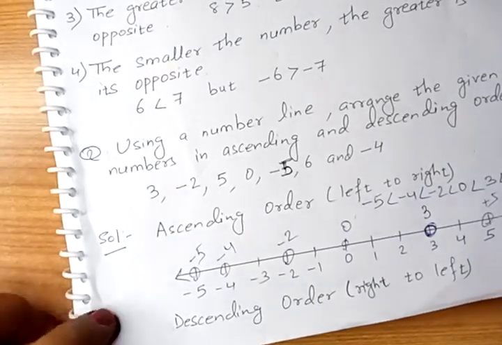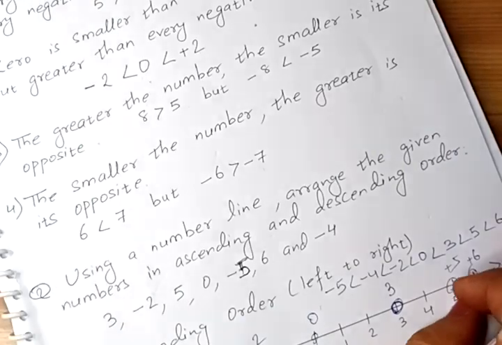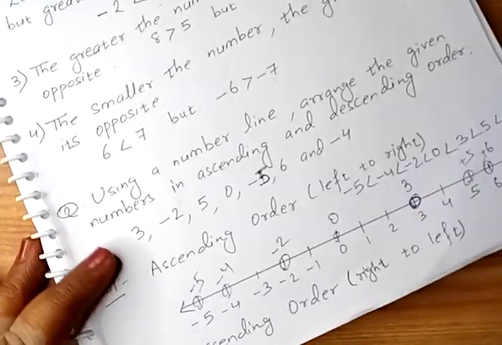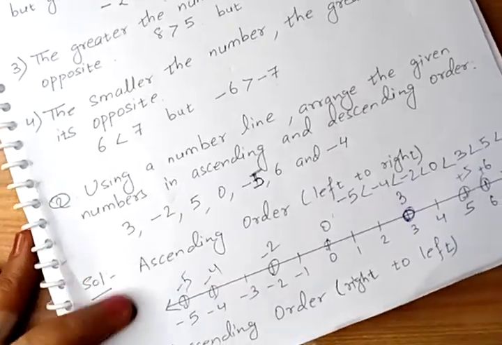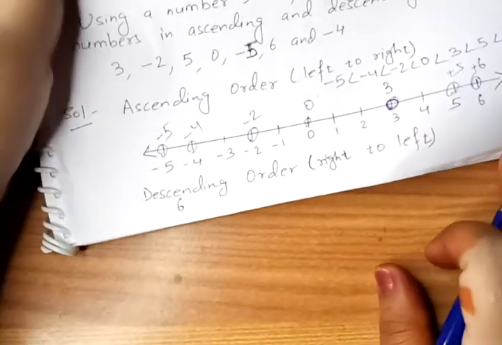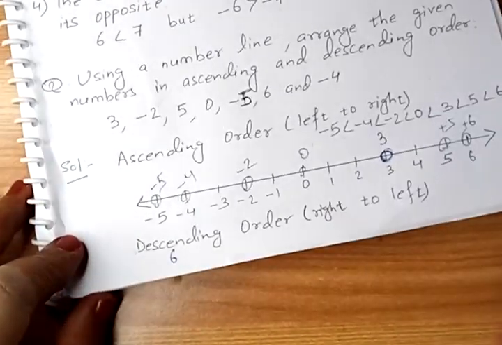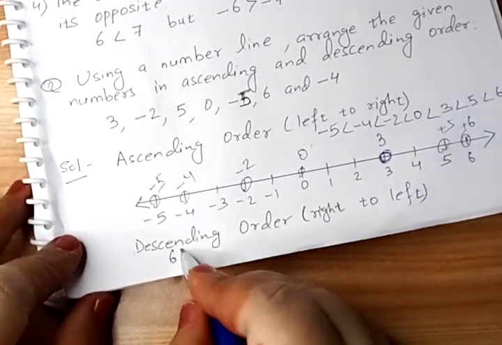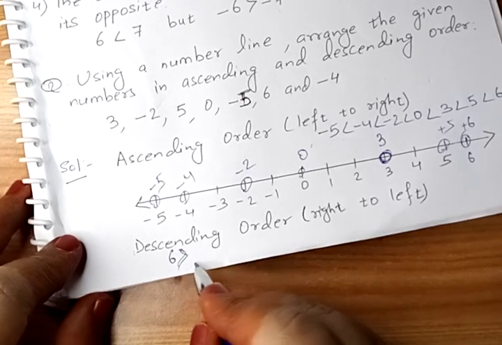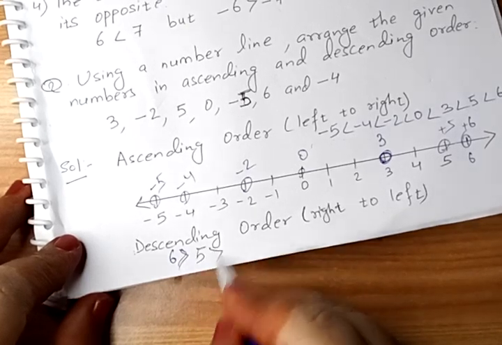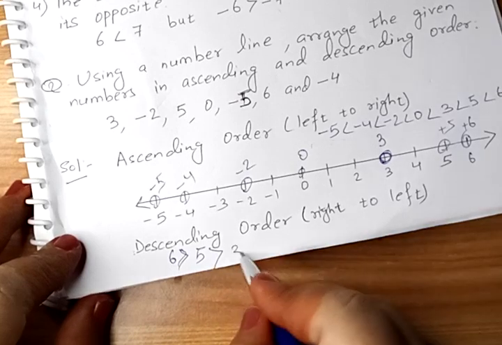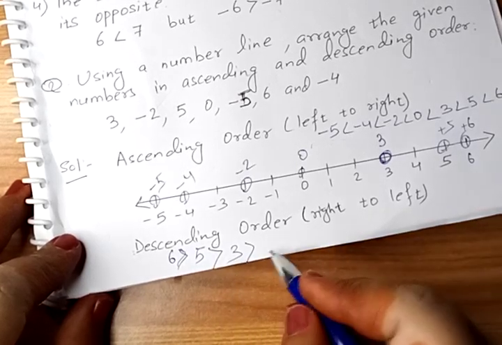So what is on the extreme right? 6. Okay, 6 is on the extreme right. 6 is greater than 5, greater than 3, greater than 0.